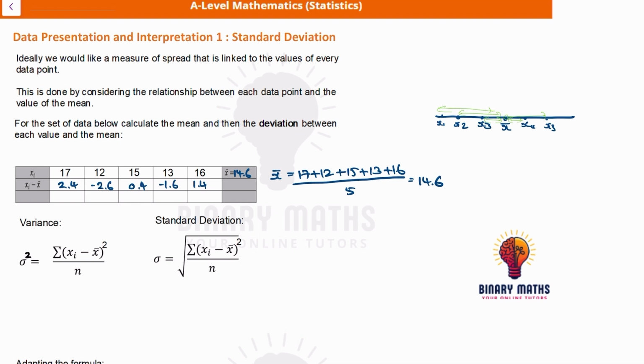When we want to work out variance, which is equal to sigma squared, be very careful. Variance is equal to sigma squared. It's the sum of all these deviations squared divided by n.